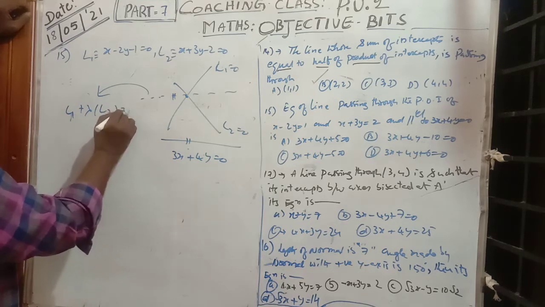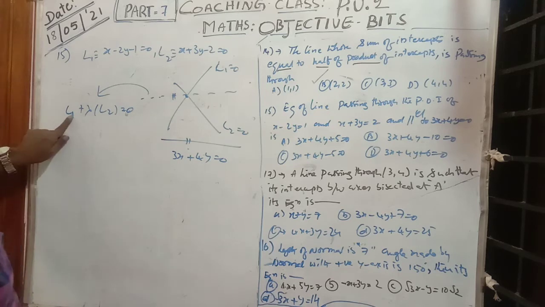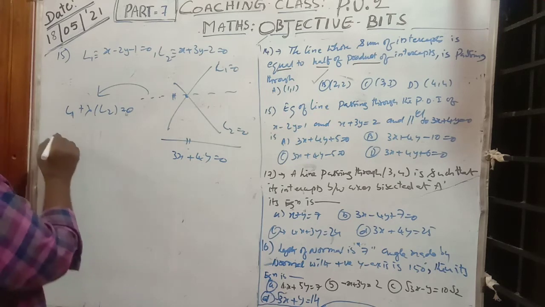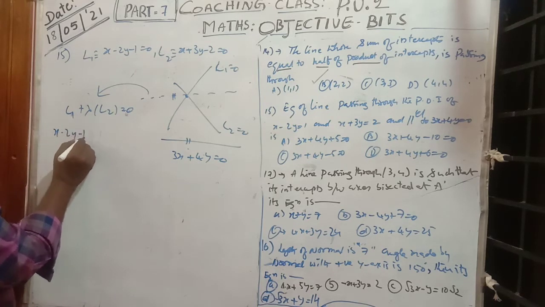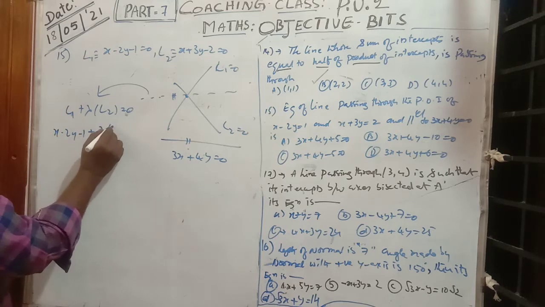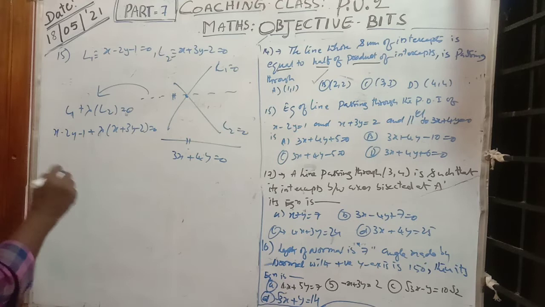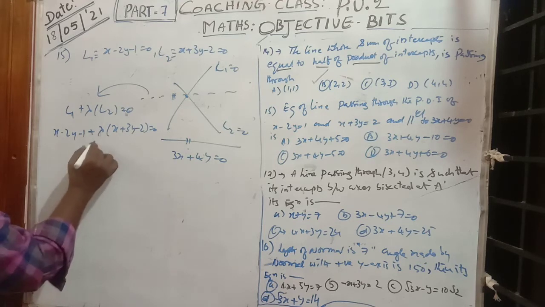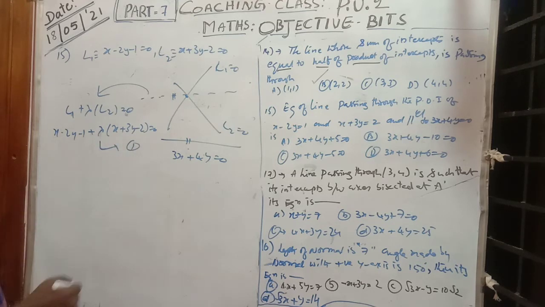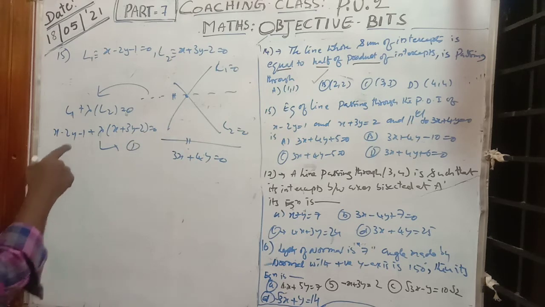Already, I told you in the previous problem. L1 is x minus 2y minus 1 plus lambda of x plus 3y minus 2 is equal to 0. This is the required line. We substitute in it again in order to get the required line equation.